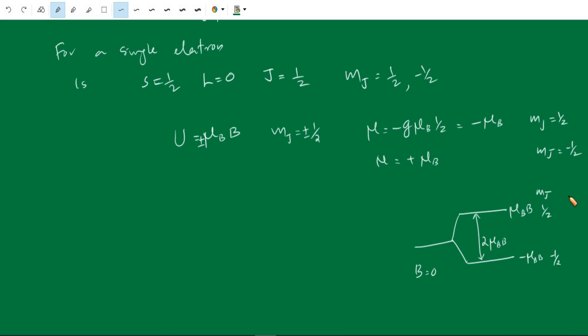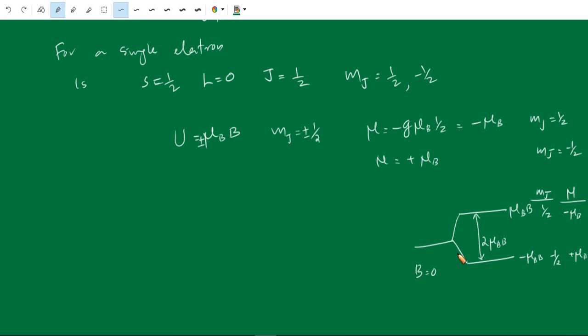Here the magnetic moment mu in this case is minus mu_B, and in this case it is plus mu_B. Okay, so this is the energy level diagram.